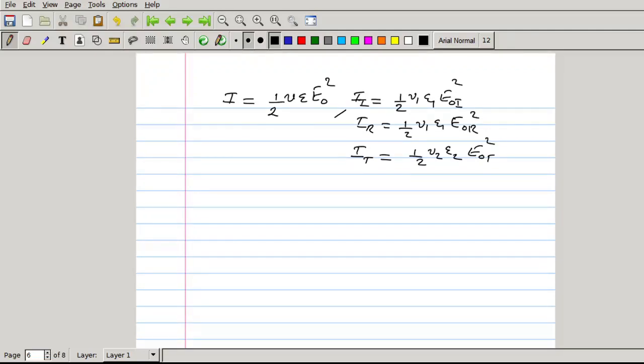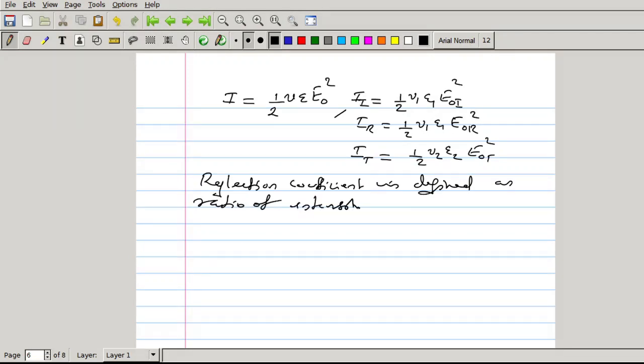Now we will find the reflection coefficient and the transmission coefficient. The reflection coefficient is defined as the fraction of the intensity of light reflected to the intensity of light incident.